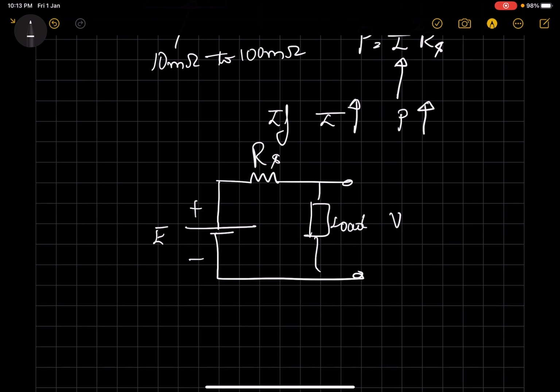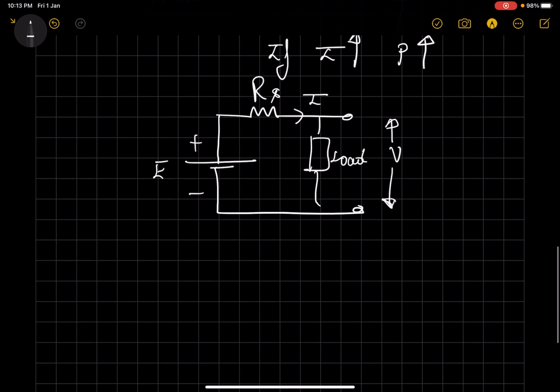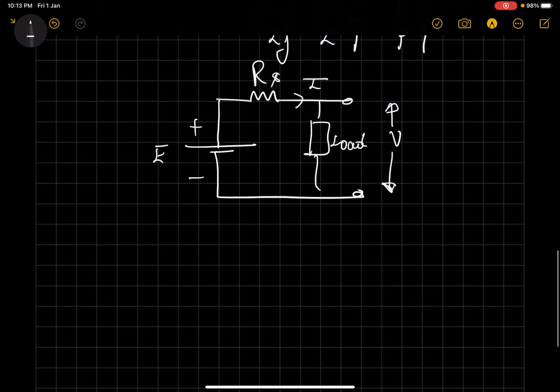So the voltage V here and the current drawn through the circuit is I. So the voltage V is nothing but E, the total voltage applied, minus the voltage drop across the internal resistance, that is I into Rs.